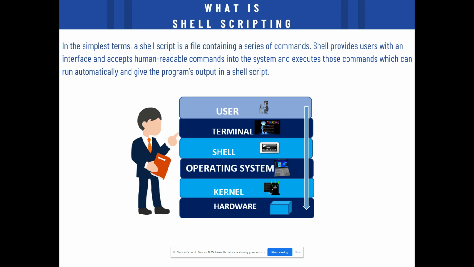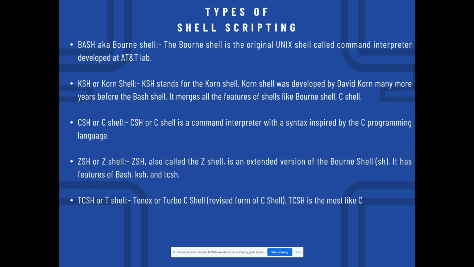Moving to the next one, we are going to talk about the types of shell scripting you should know if you are trying to learn shell scripting. The first one is bash, and it's called Bourne shell. The Bourne shell is the original Unix shell command interpreter developed at AT&T Lab.